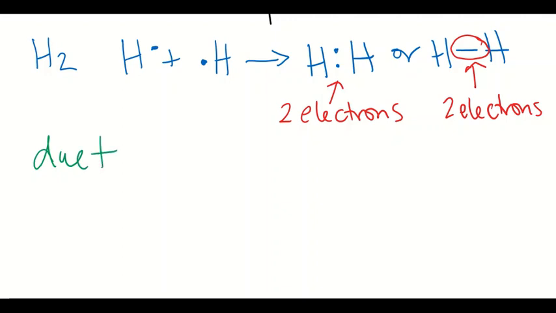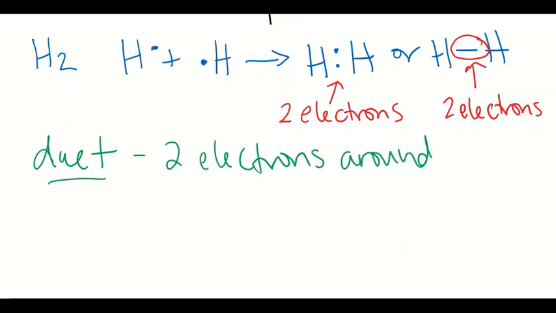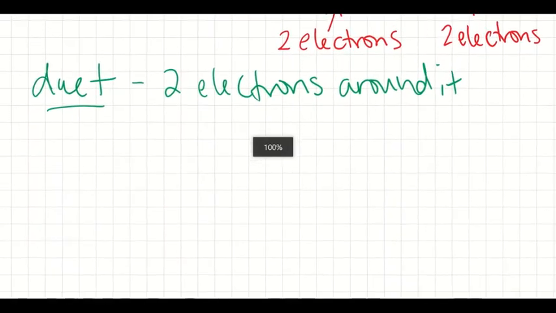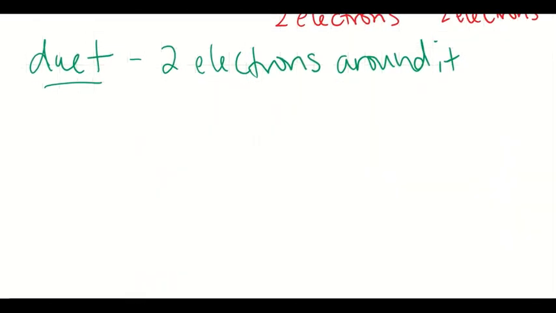And so that means that it's going to have just 2 electrons around it, rather than 8. So when we get further down in the periodic table, they're pretty much always going to form octets. But for some of them, hydrogen, duet, and then some of them are going to be some exceptions to the rules. But for now, we'll not talk about exceptions to the rules.